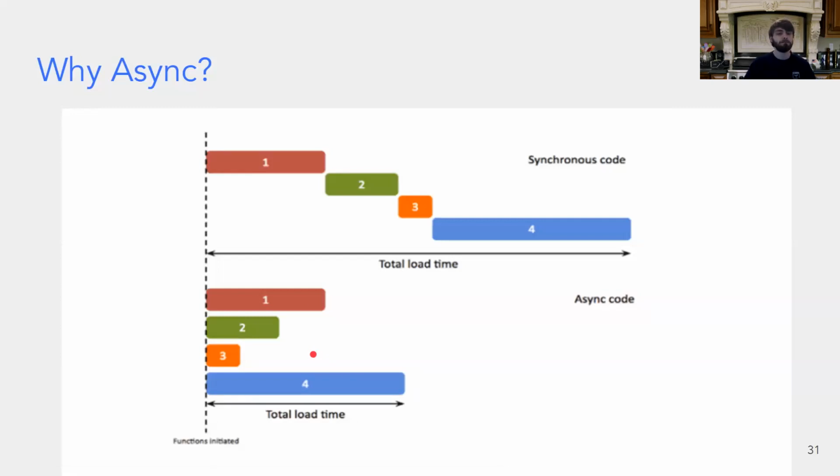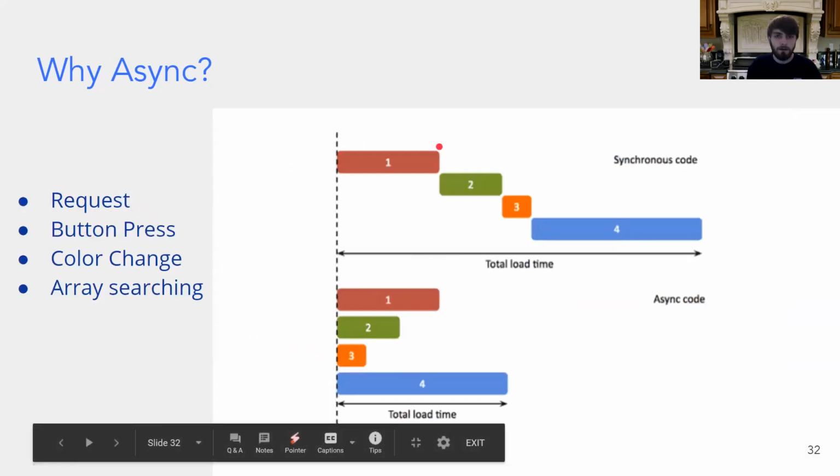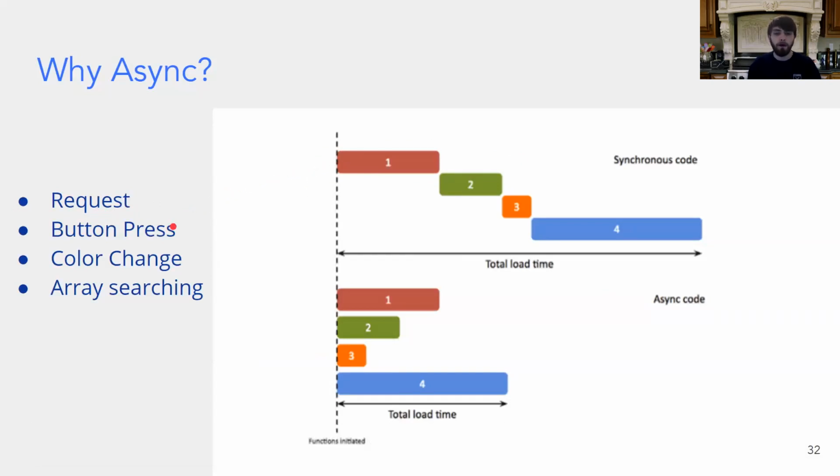But let's concretely attach stuff to it. Let's say 1 is some sort of request of some kind. 2 is a button press that then executes a color change, and then an array search happens. So in a synchronous world, your button press can't be registered, the color change can't happen, the array search can't happen until the request is finished first.